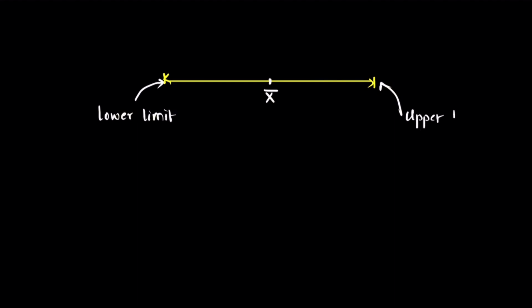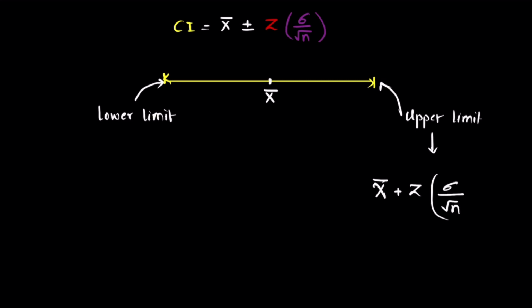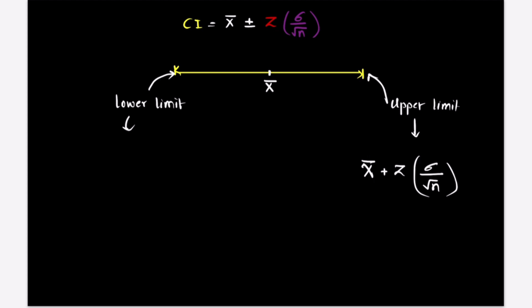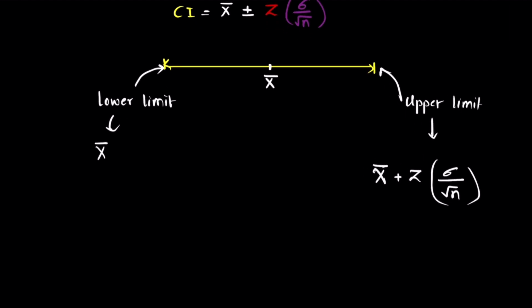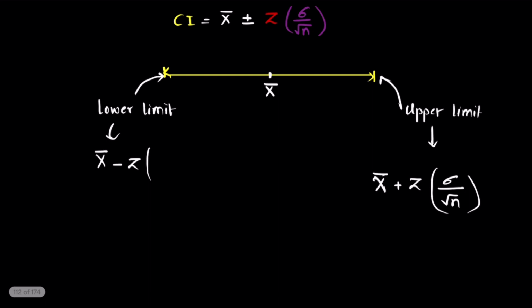The formula for the confidence interval is equal to mean plus minus Z score times this standard error. So the upper limit is going to be equal to mean plus Z score times standard error, and the lower limit is going to be equal to mean minus Z score times standard error.